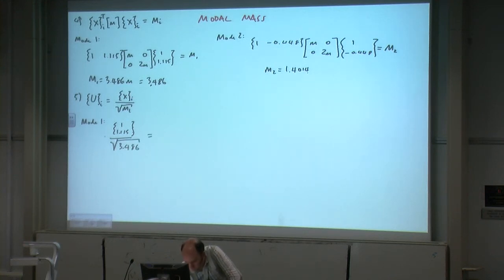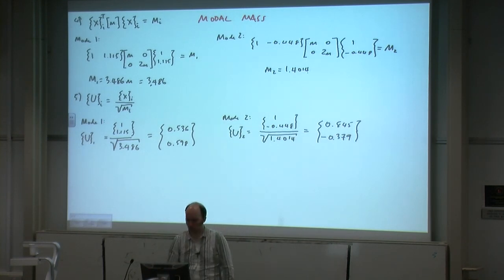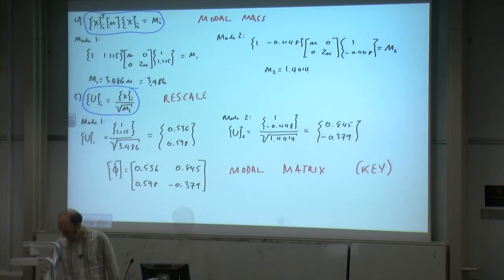And that comes out to be, so this is U1, 0.536, 0.598, and for mode 2, so there's our two U values, and then you can obviously combine them to find the modal matrix. So, that was step 5.